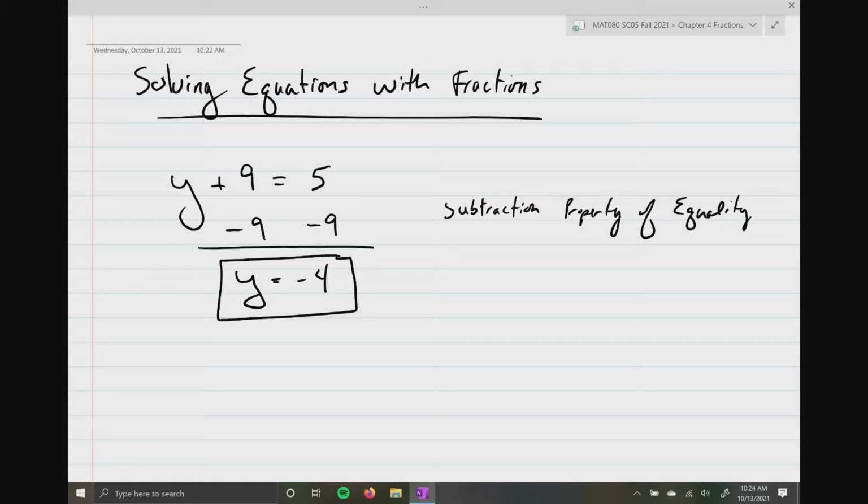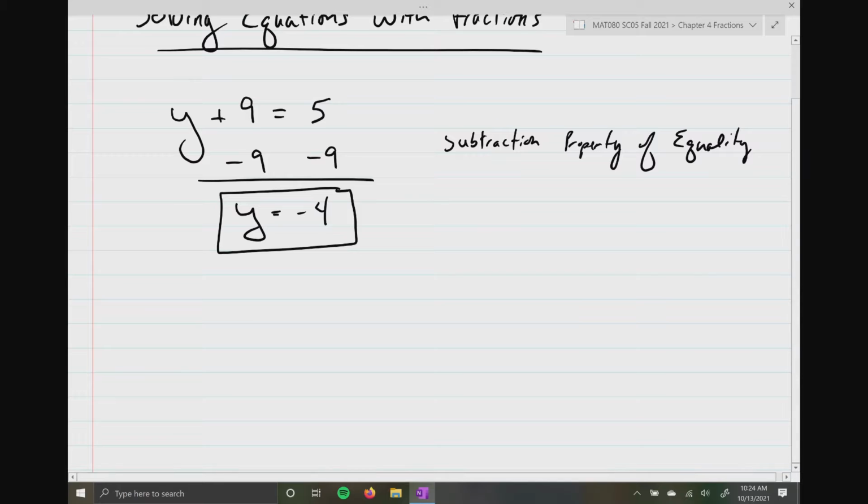In fact, it's chapter 2, section 3. That's how far back it goes. Okay? Now, if we can do this problem, y plus 9 equals 5, we know to subtract 9 from both sides to isolate the variable. There is no reason why you cannot do this problem.